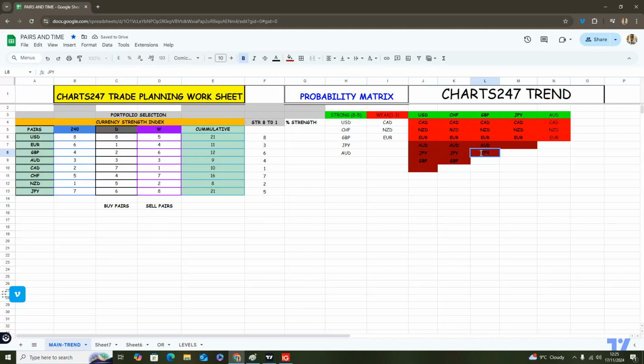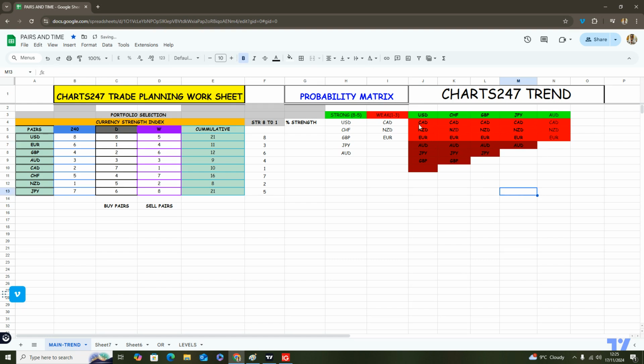Sorry. Obviously, we don't have to trade all these pairs. I like to focus on the strongest two and maybe the weakest pairs. So against the euro, against the Japanese yen, we can sell the Aussie, and I'll leave it like that.